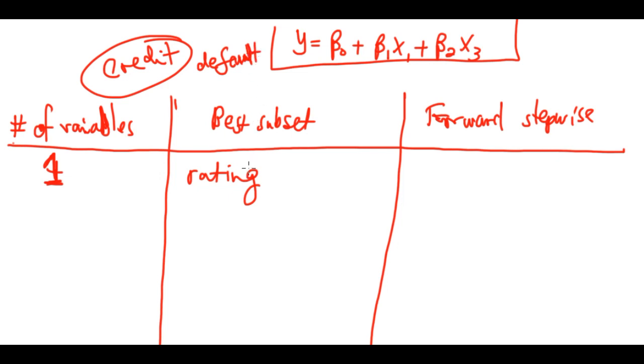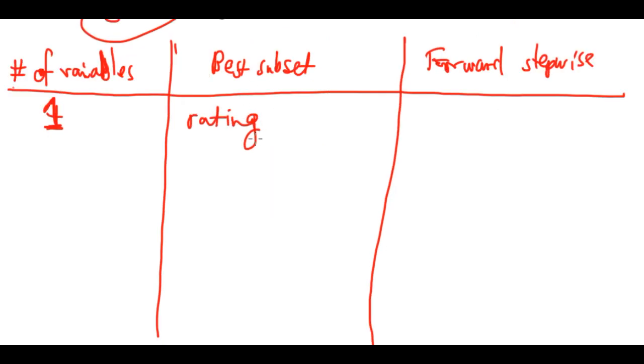When you're running best subset, it's going to say, for one variable, choose rating. Rating is the best one. So the variable rating will be the best one. When you do forward stepwise it will say yes, rating is the best one. Cool. That is when we have one variable.